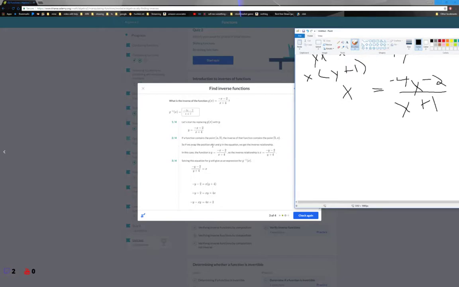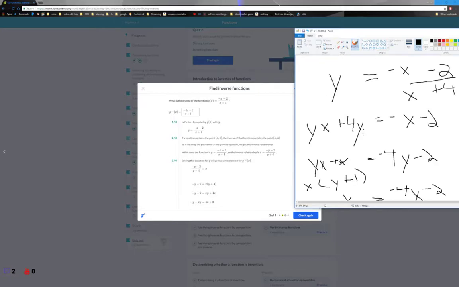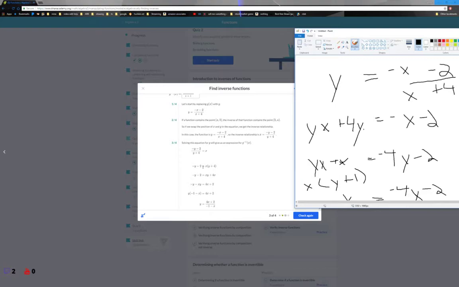So if we swap the position of x and y in the equation, we get the inverse relationship. So in this one, we should swap x and y. It'll give us the expression negative y minus 2 over y plus 4.